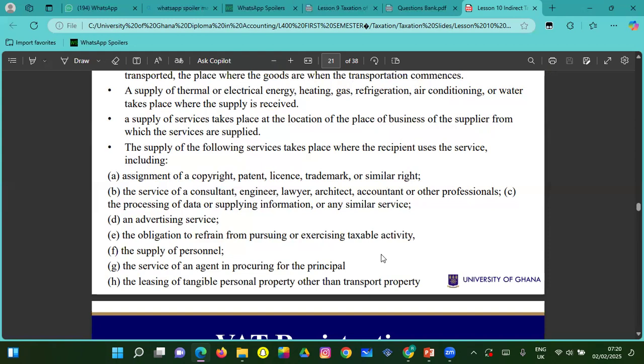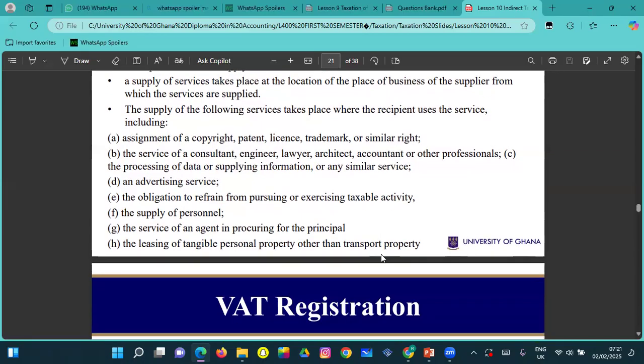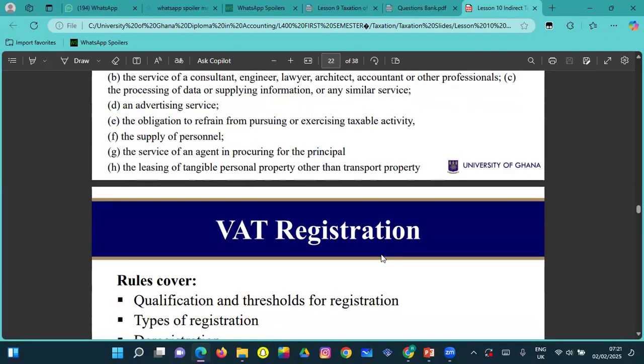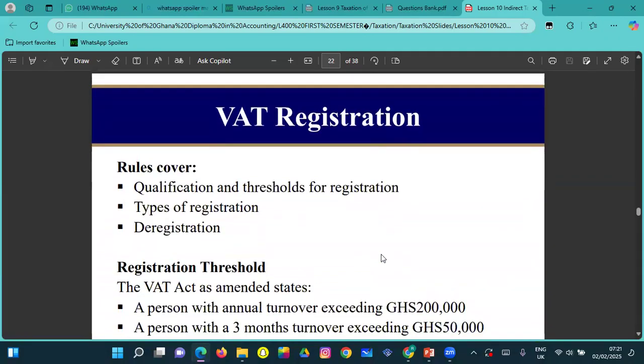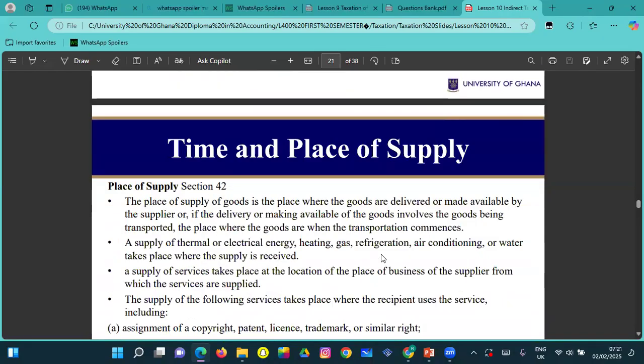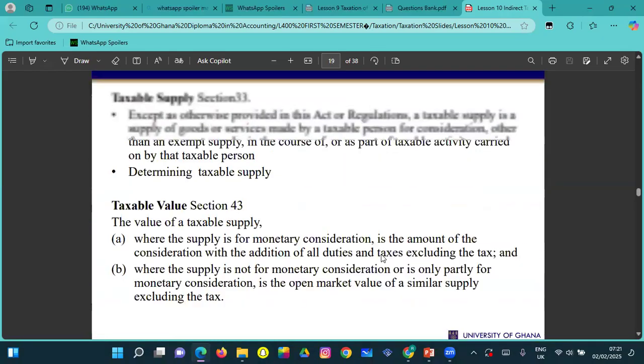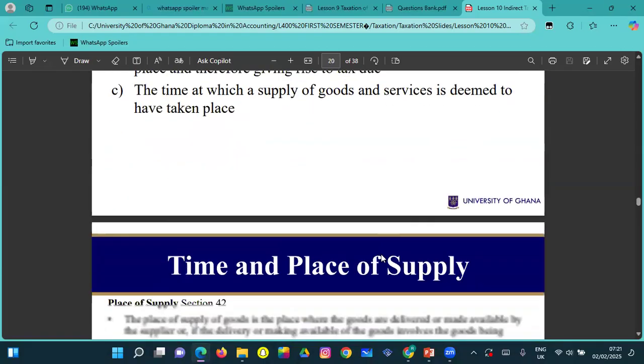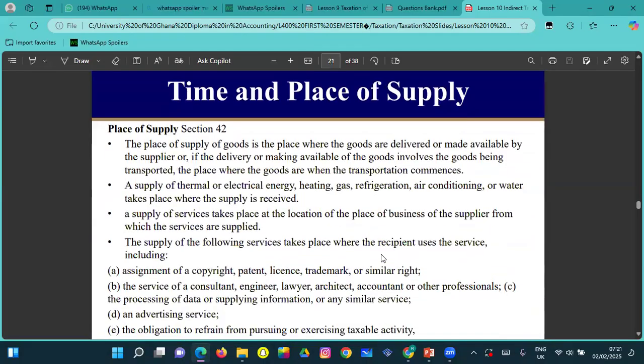Then the supply of personnel, the service of an agent in procuring for the principal, and then the leasing of tangible personal property other than transport property. Then now let's look at VAT registration. These are all laws, right, that you can read on again in the section 33, 42, and the like.